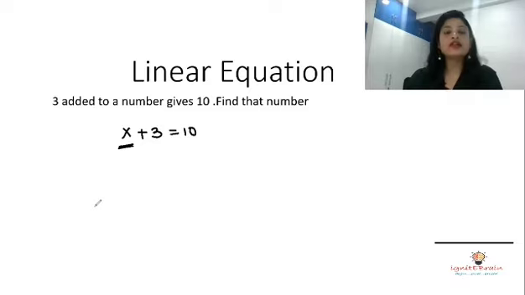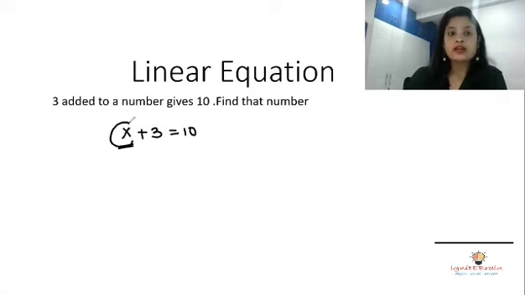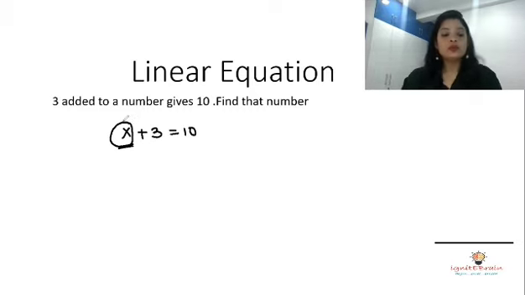Why? Because the power of x is 1 here, right? So we call it an equation in one variable or first degree equation in one variable.